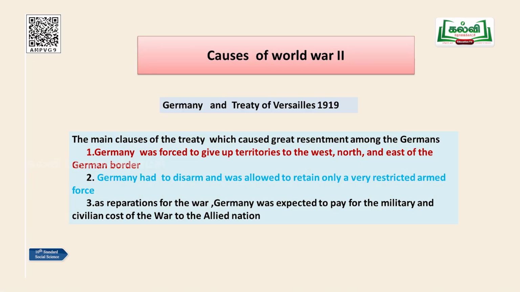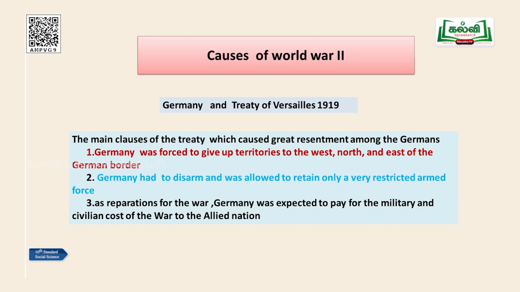There were three clauses which were totally against Germany. The first one: Germany was forced to give up territories to the west, north and east of the German border. For example, in the west, Alsace and Lorraine were given to France.